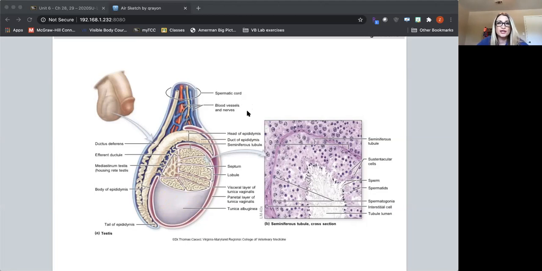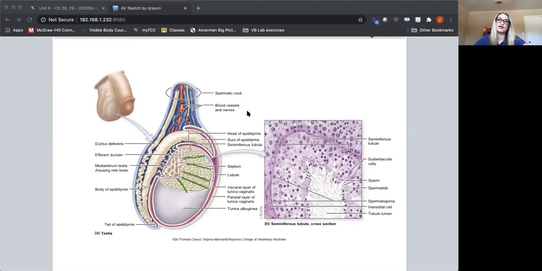The tunica albuginea also forms connective tissue septa, and these are going to subdivide the testes into lobules. So you can see that the tunica albuginea has projections. Let me pick a different color here so that it's obvious, okay? So these projections right here, those are septa. And septa basically create little compartments inside of the testes.